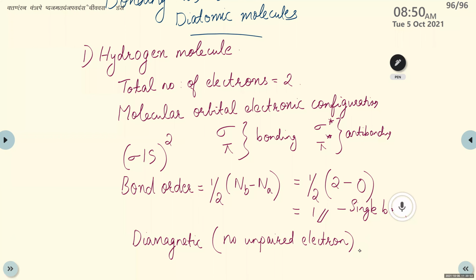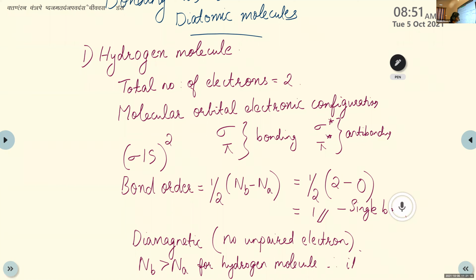That means the number of electrons in bonding molecular orbital is greater than in anti-bonding molecular orbital. So we can write Nb is greater than Na for the hydrogen molecule. Therefore, it is stable.